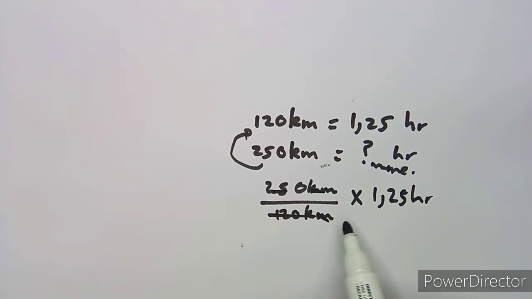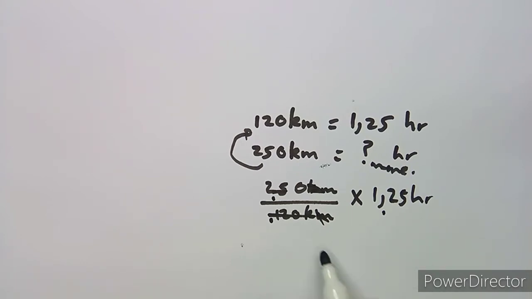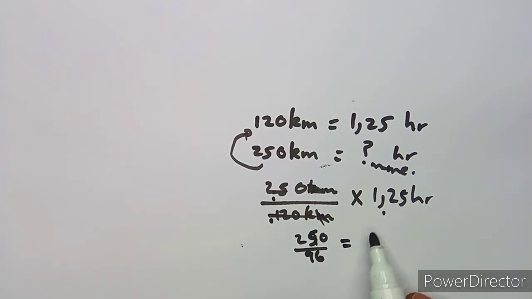This is going to cancel kilometer and kilometer, and if you multiply 250 over 120 times 1,25, you are going to obtain 250 over 96 as a fraction, or you can have it as a decimal, which is an endless decimal. Then you convert that to time in hours, which is the same thing as 2 and 49 over 48 hours.